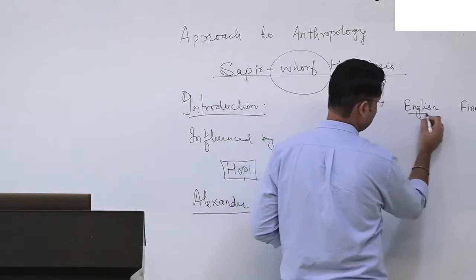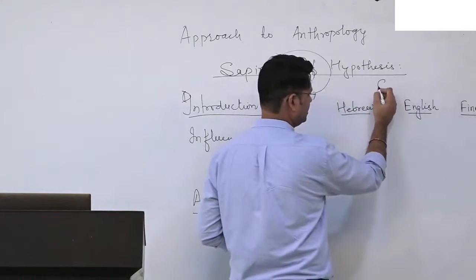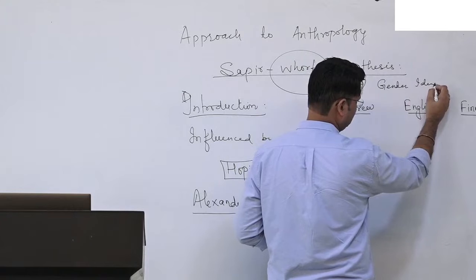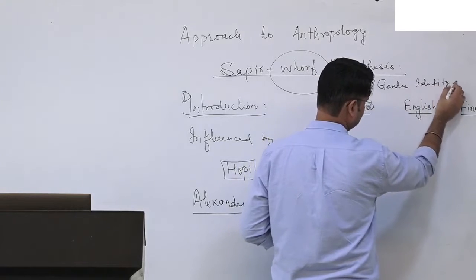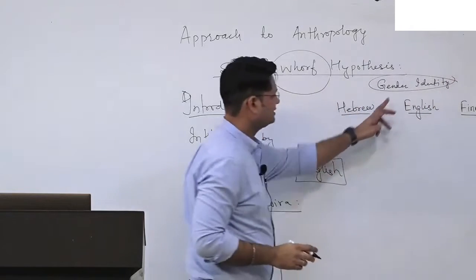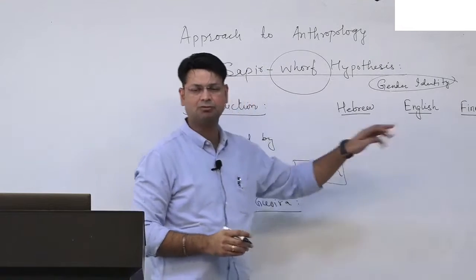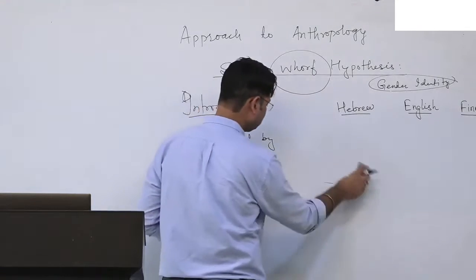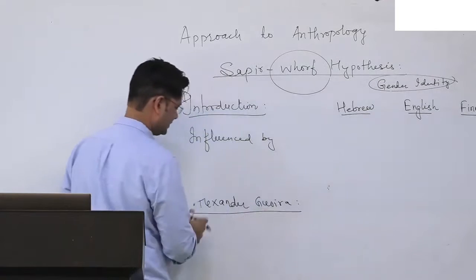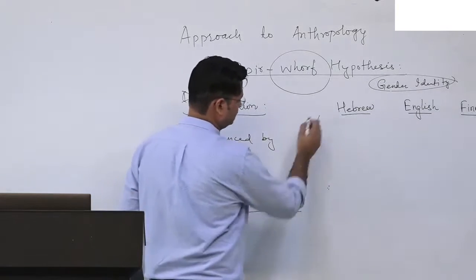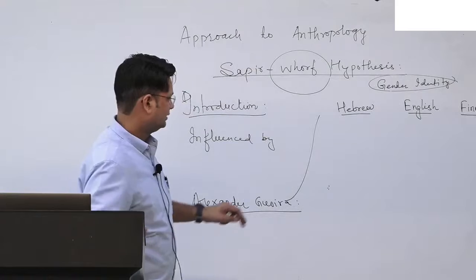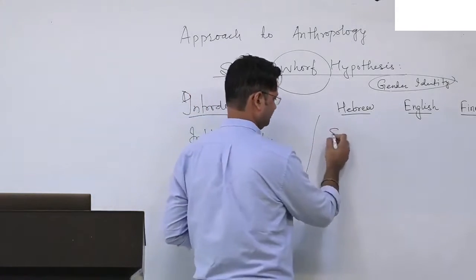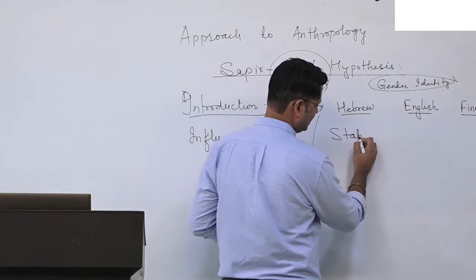He tried to understand the level of gender identity among the children of these 3 linguistic groups, and what he observed was that Hebrew speaking children have a very stable gender identity.